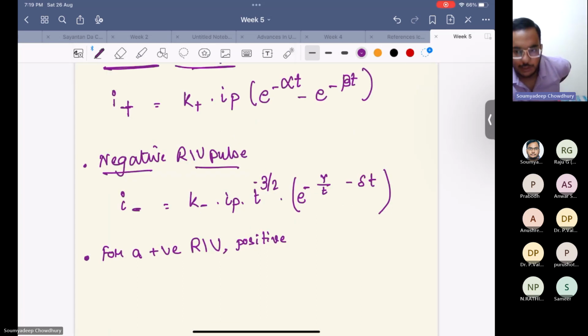So these are all empirical formulas, and we do not have a derivation as such for all of this. These are suggested based on experiments and the different experimental results.